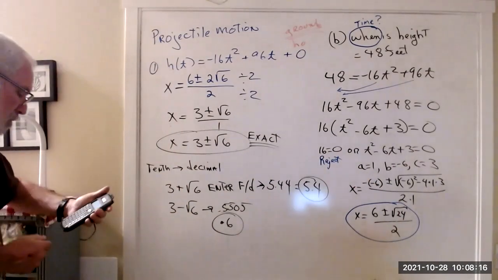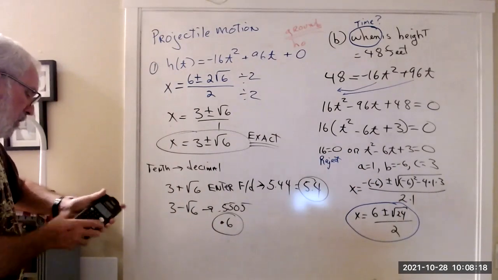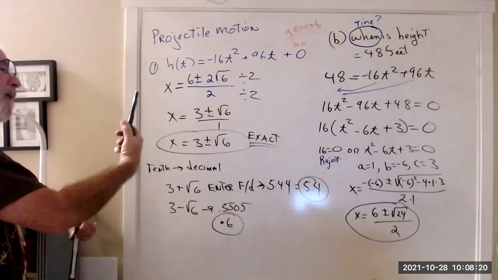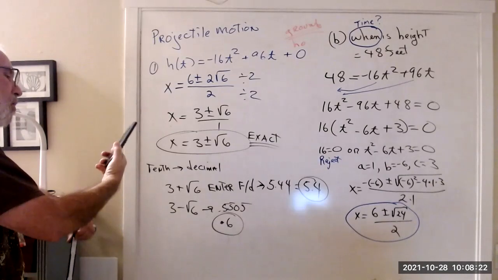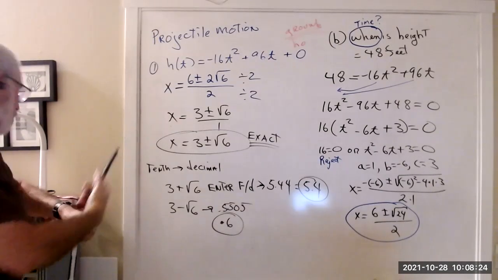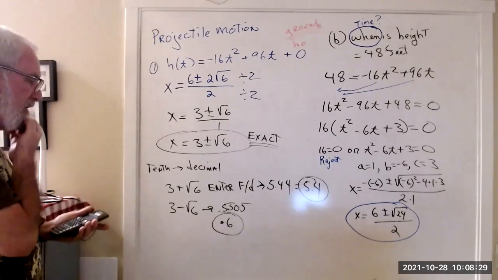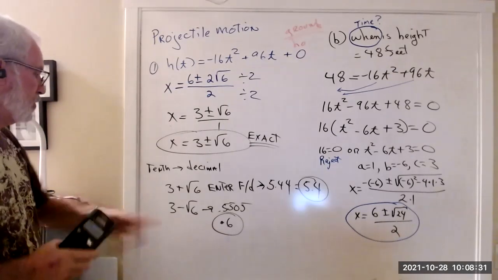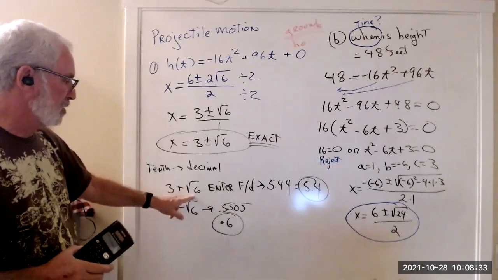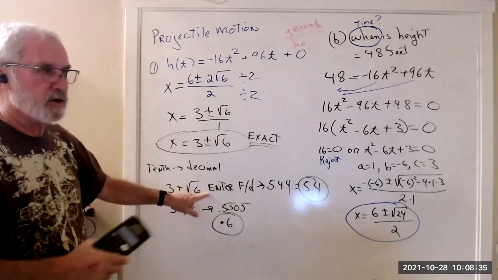Does that work for you? No, it's not working. Okay, so is it 3 plus 6? Was it FD and then equals? No, you 3 plus radical 6. Yep, hit the enter key to enter it.